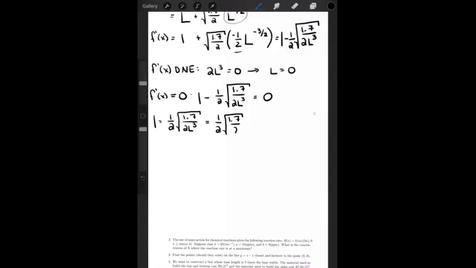So I'm going to write it up that way. I'm going to go ahead and get that L by itself by multiplying by some reciprocals. All right, just to make it clear where that comes from.